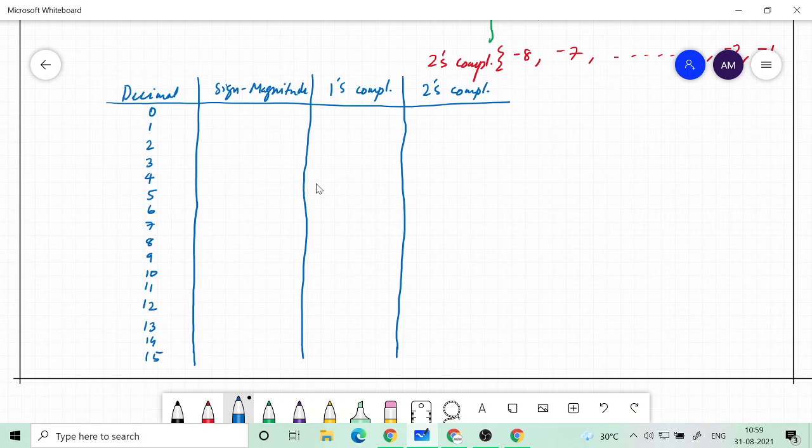Okay, so when I say 0, the binary code for this is basically 0 0 0 0 and 0 0 0 1. And 5 means 0 1 0 1, and then 6 means 0 1 1 0, 7 means 0 1 1 1, 8 means 1 0 0 0.